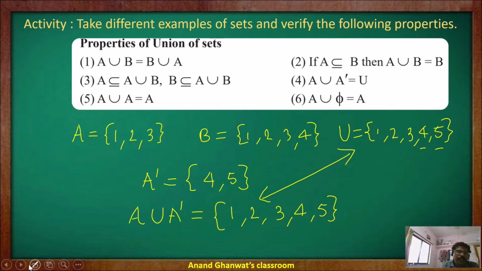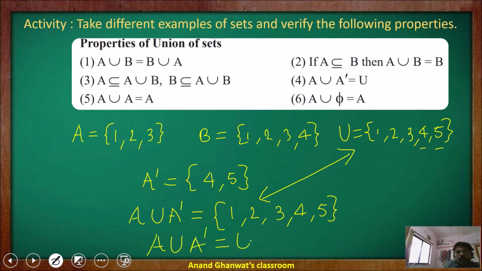Let us check all the elements in both the sets. 1 is present in the universal set, that is also present in A union A transpose. 2 is here, 2 is here, 3 is here, 3 is here, 4 is here, 4 is here, 5 is here and 5 is here. Therefore, all the elements in the universal set are present in A union A transpose. Therefore, A union A transpose is equal to U, the universal set.